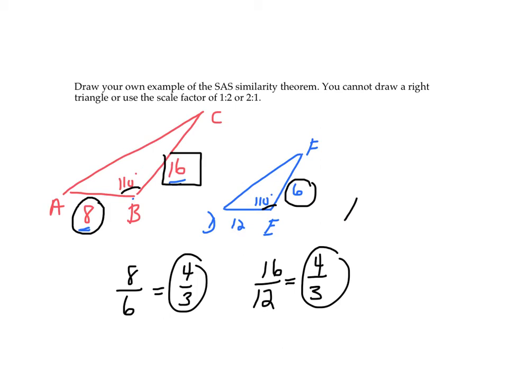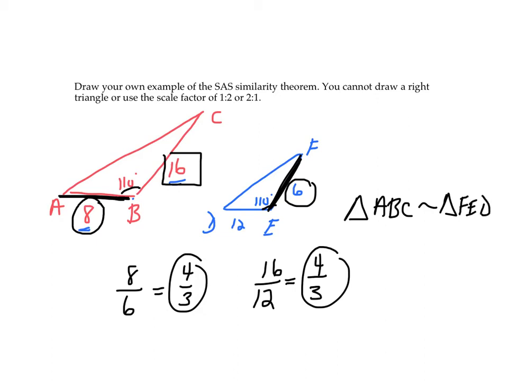Now, when we name the first triangle, you can go ahead and name it triangle ABC. Just be careful when you name the second triangle. Remember that this side length labeled with 8 corresponds to this side length over here labeled with 6. So triangle ABC would be similar to triangle FED.